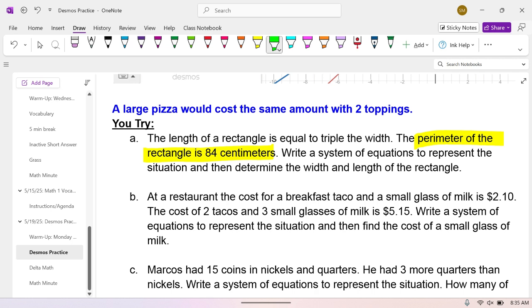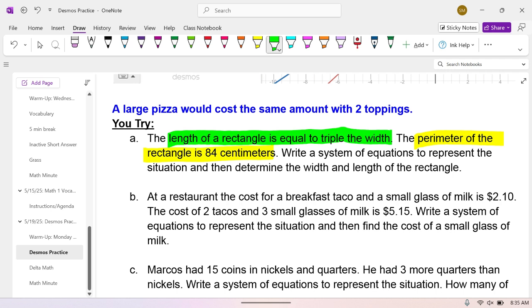Neely. That's fine. The length of the rectangle is triple the width. All right. So that's our givens.